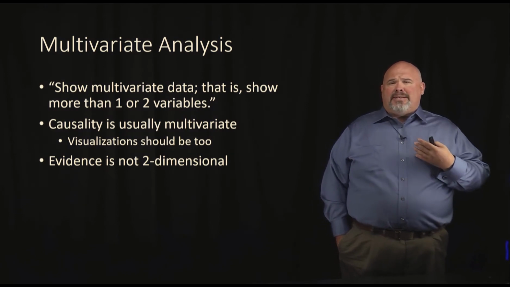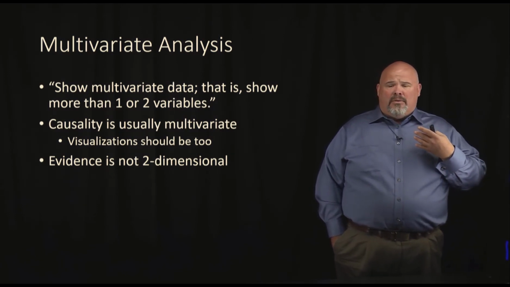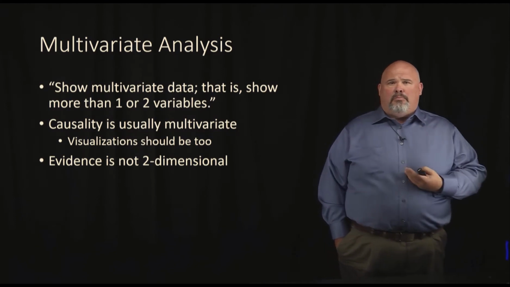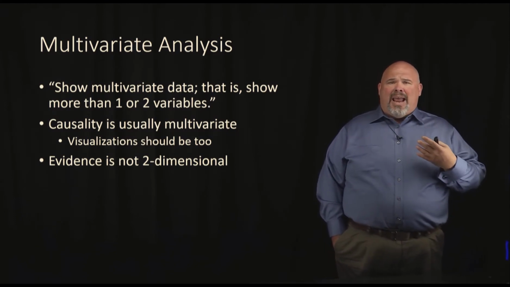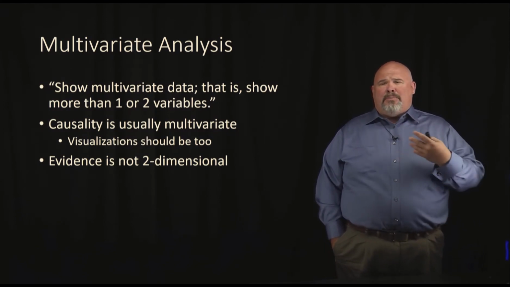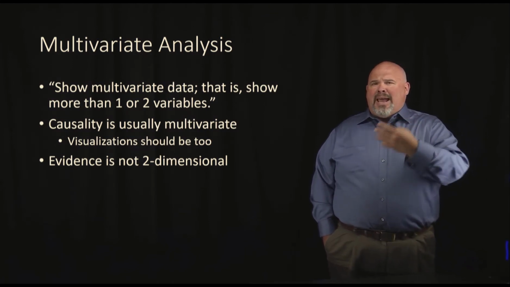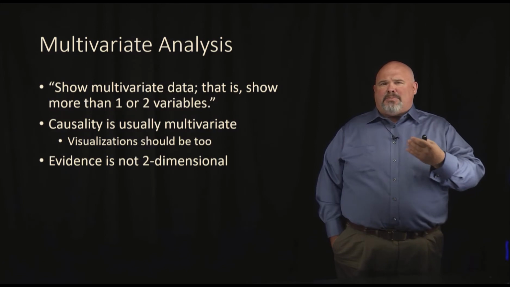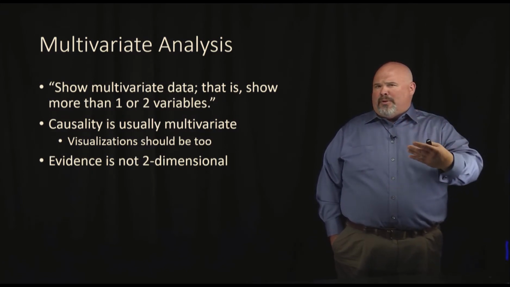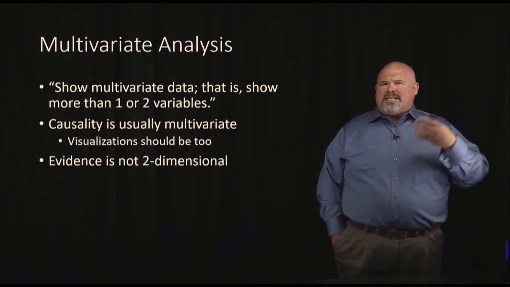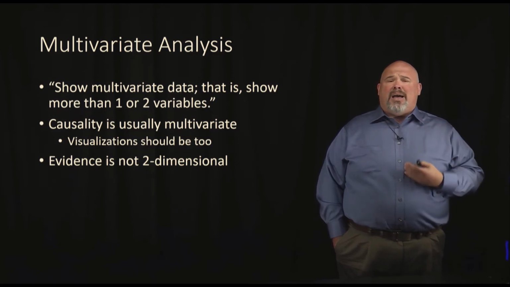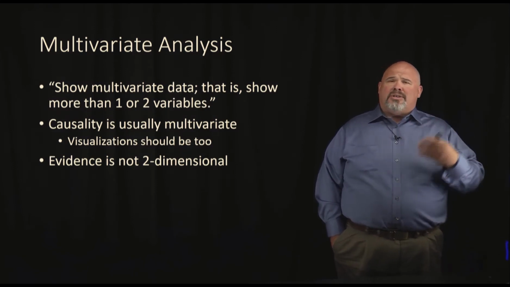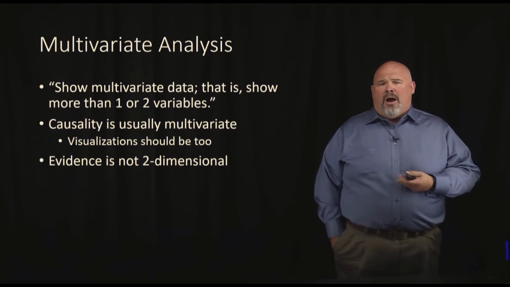And by multivariate data, we're talking about not simply the sales, but the sales and the profit and the number of salespeople. All of these things play into the cause of our profitability. The sales, the number of salespeople, the regions that we're in, the number of locations we have. All of these things are things that we have to either standardize by or show so that we understand really what's going on.